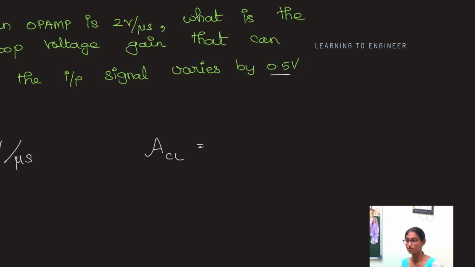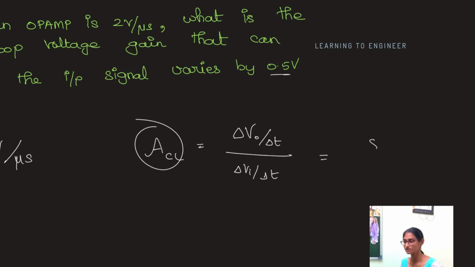So what is gain in general? It is output by input, and since we are talking in terms of slew rate, the maximum rate of change of output divided by the maximum rate of change of input will give you the closed loop gain. This is nothing but the slew rate divided by the rate of change of input.